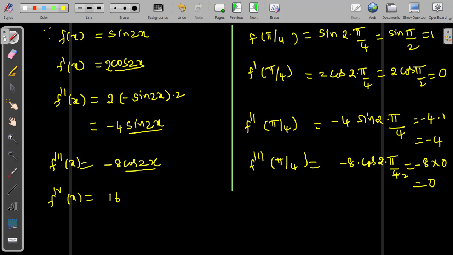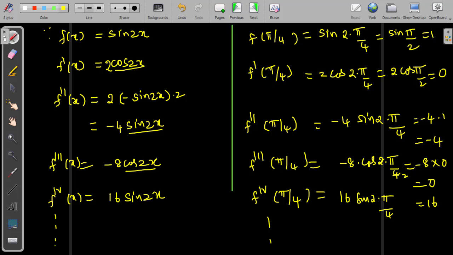So finally 16 sine 2x, positive 16. So the fourth derivative of f at pi by 4 we will get as 16 times sine of 2 times pi by 4, which gives 16, because sine pi by 2 is 1. So I will put the so on symbol here.